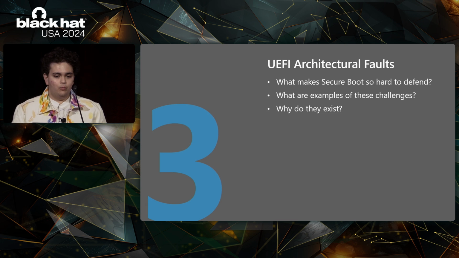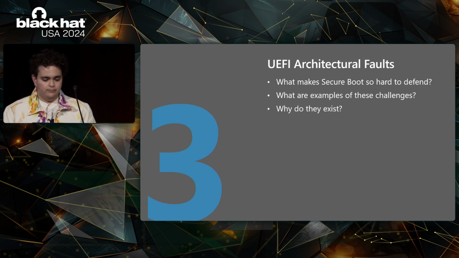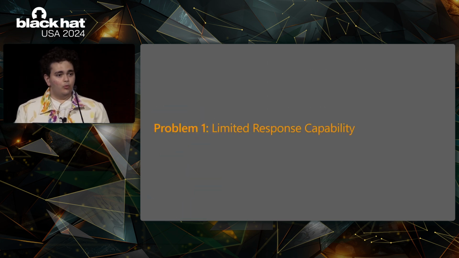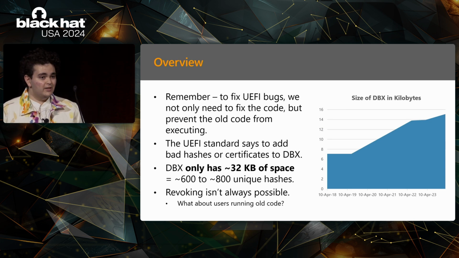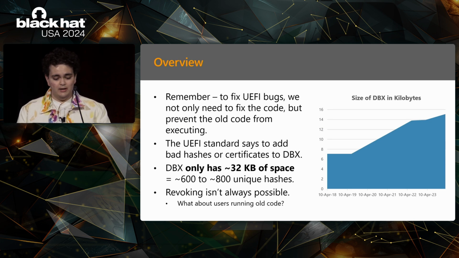Now let's talk about what makes secure boot so difficult to defend in the first place. Number one is our limited response capability. Remember, to fix UEFI bugs, we not only need to fix the code, but we also need to make sure to revoke every image that had the vulnerable code in the first place.